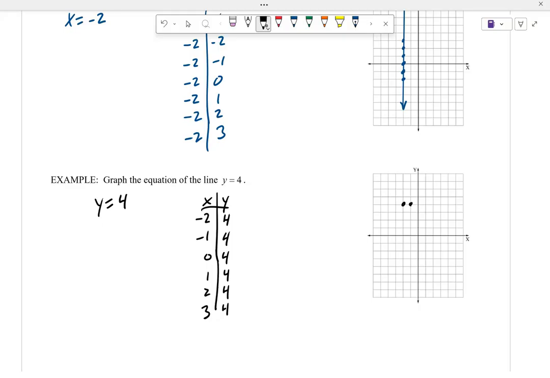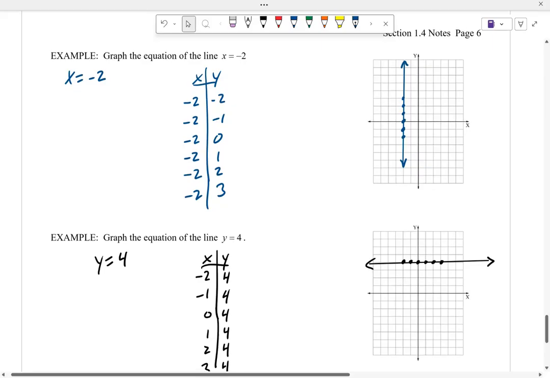Negative 1, 4, 0, 4, 1, 4, 2, 4, 3, 4, and so on. And you're like, oh yeah, y is always 4. That's going to be a perfectly horizontal line with a slope of 0, right? This one up above, x being negative 2, that vertical line has an undefined slope.